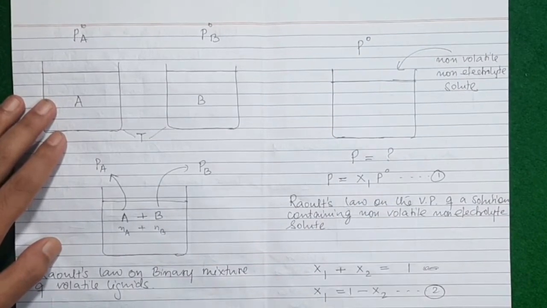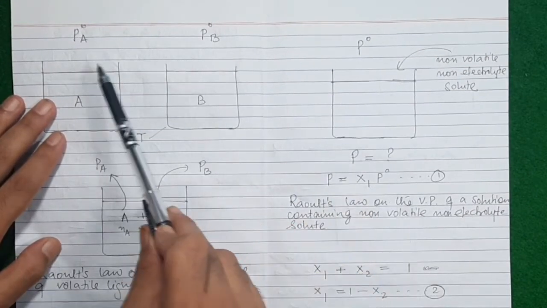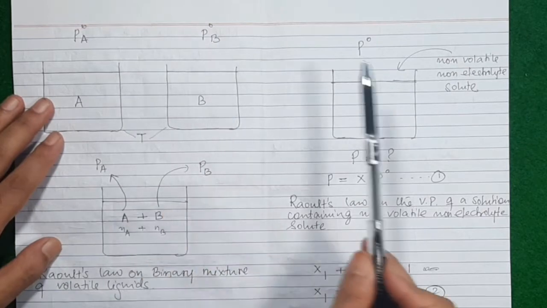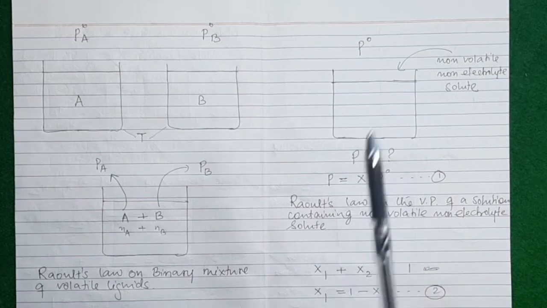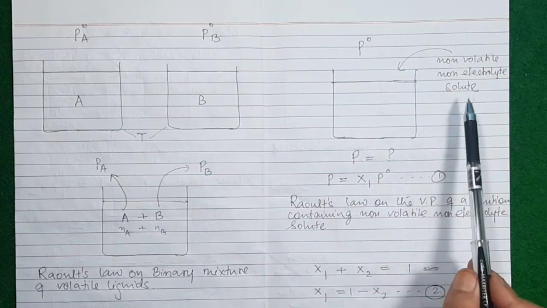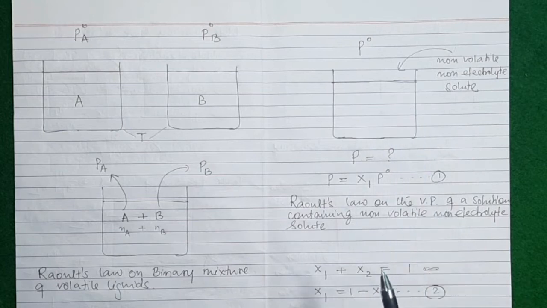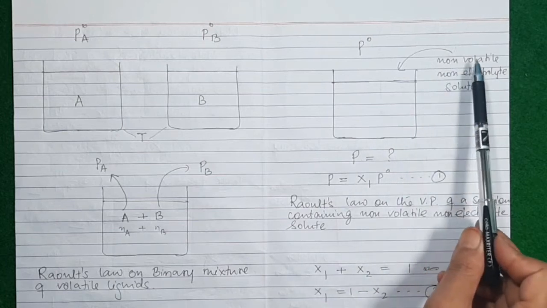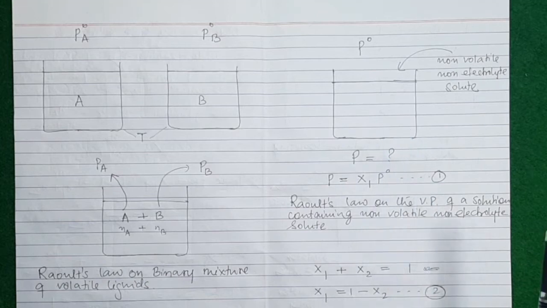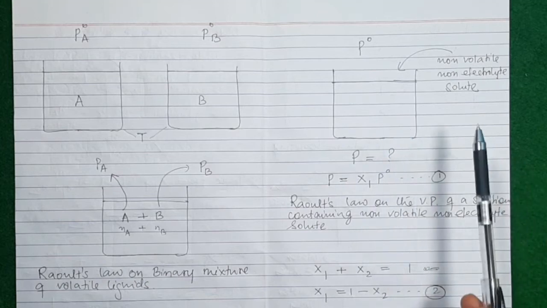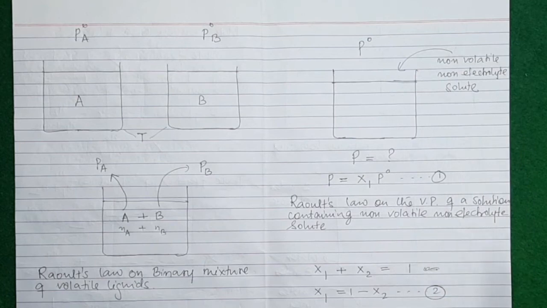There's one liquid which is volatile, so I don't have two liquids, and I need not assign A and B. There's a pure liquid, so its vapor pressure in the pure state is P°, and to this liquid now we add a solute, something which dissolves in it, but the solute this time is non-volatile. We are adding a solute which itself will not vaporize and will not form any vapor. So we don't have to calculate the vapor pressure of the solute, because the solute is non-volatile, it's not going to form any vapor.